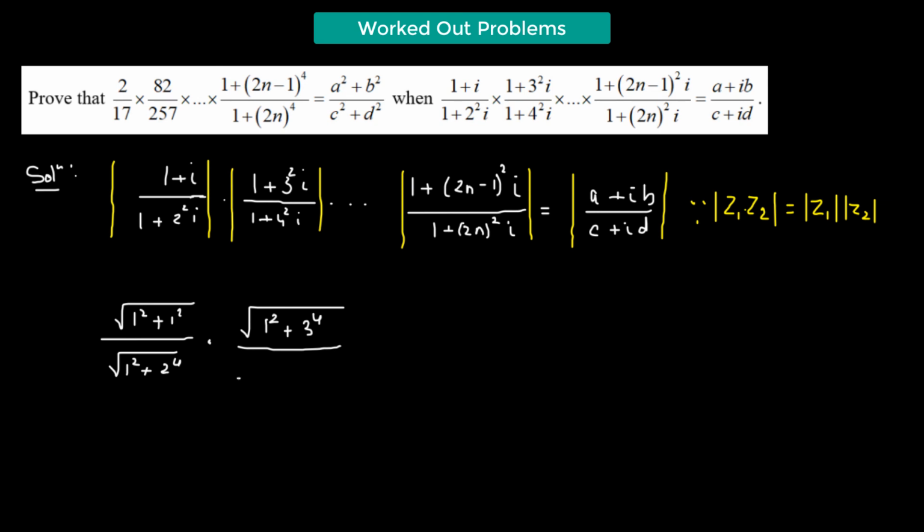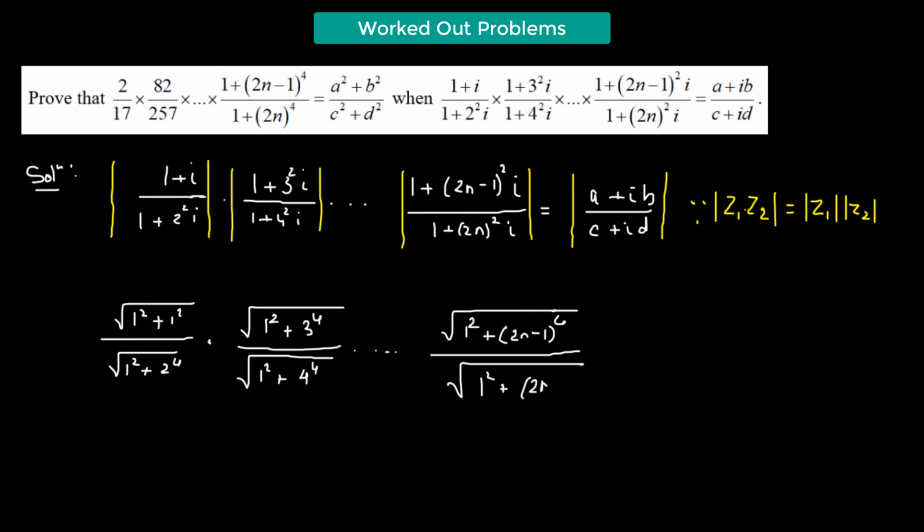the power of 4, divided by the square root of 1 squared plus 4 squared squared, which is 4 raised to the power of 4, all the way up to the square root of 1 squared plus (2n minus 1) squared, which will give us the power of 4, divided by 1 squared plus 2n raised to the power of 4, which is equal to the square root of a squared plus b squared divided by the square root of c squared plus d squared.